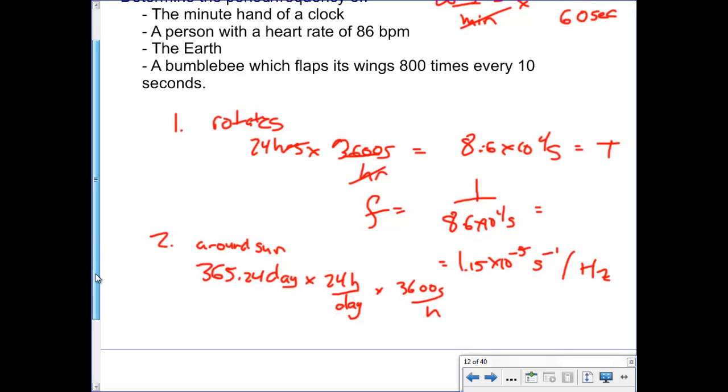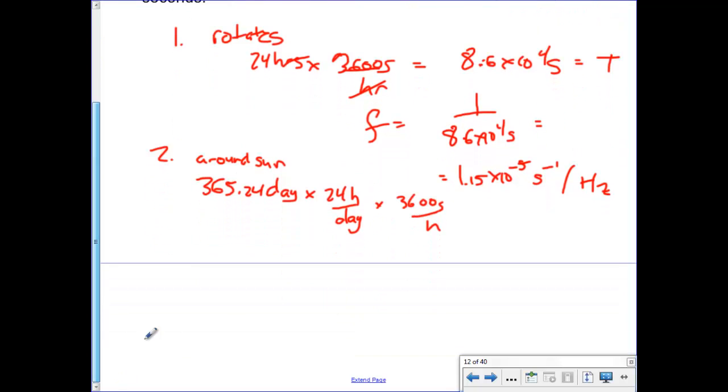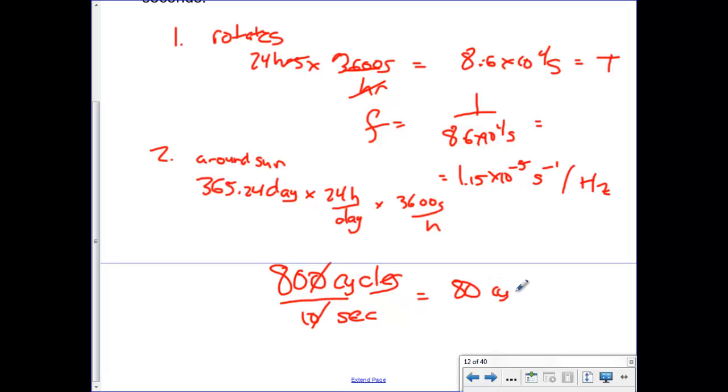One last example. A bumblebee flaps his wings 800 times every 10 seconds. If you flap your wings 800 cycles in 10 seconds, what's different about this one? It's not 1 second. So if it's 800 times in 10 seconds, then would it make sense to make it 80 cycles in 1 second?